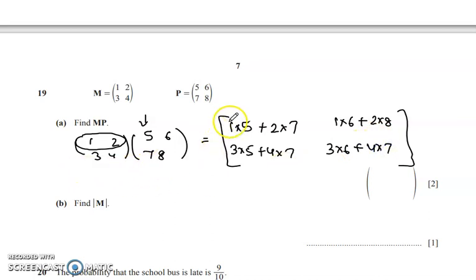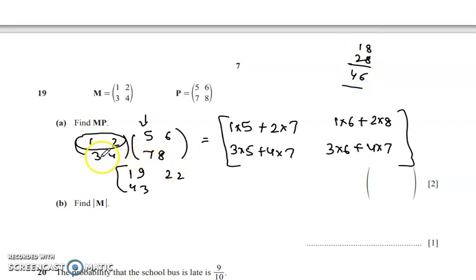So finally what we can write, 5 plus 14, that means 19, then 6 plus 16 is 22, 15 plus 28 is 43, and 18 plus 4 into 8, which is 32, so this is 50.